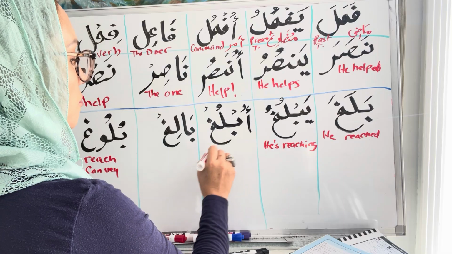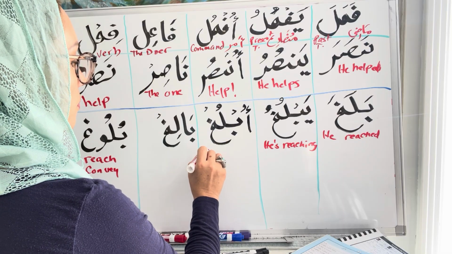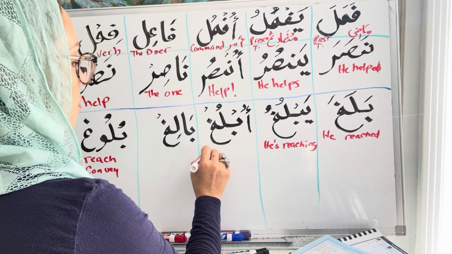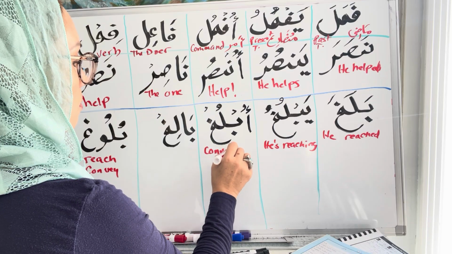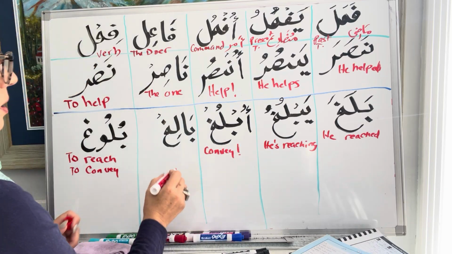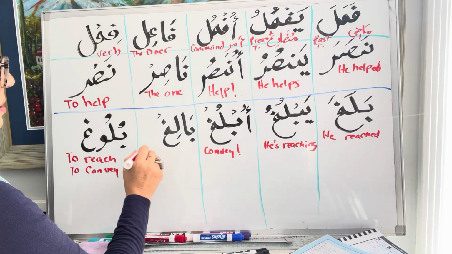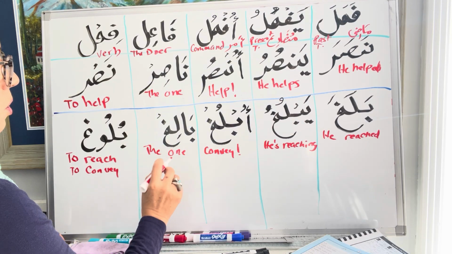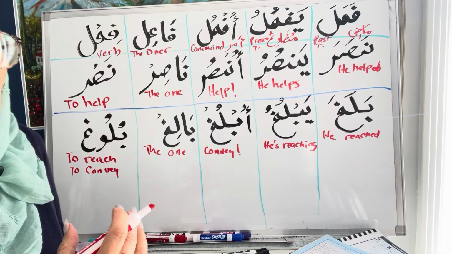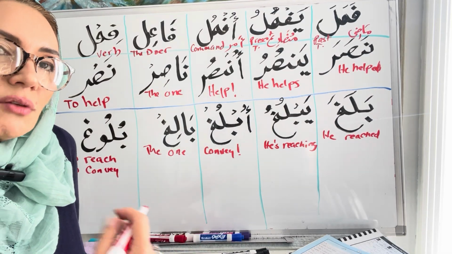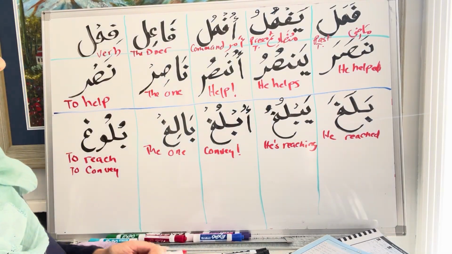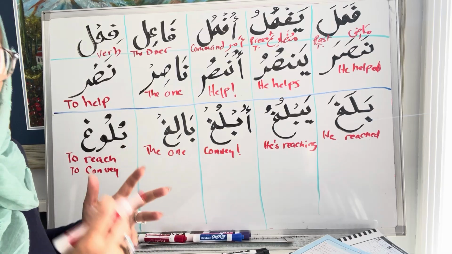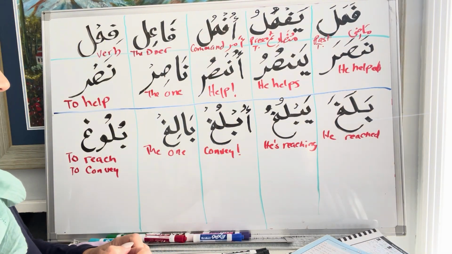Ublugh, meaning to convey. Baligh, this is the one who reaches or the one who conveys. So this is the doer of the verb.